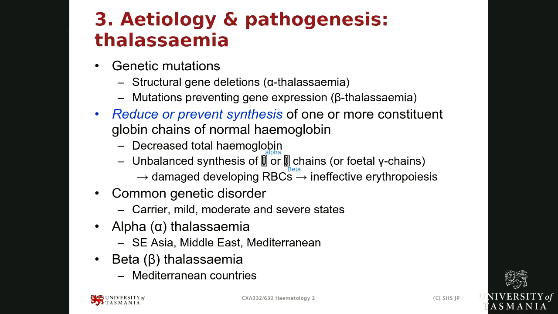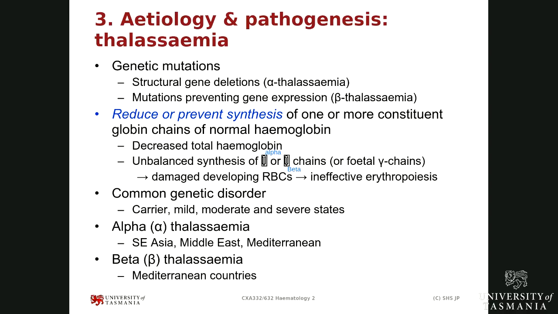So remember that in our hemoglobins, we have, as I said before, two pairs of chains. So in hemoglobin A, we have alpha chains and beta chains. In hemoglobin A2, we have alpha chains and delta chains, and hemoglobin F, or fetal hemoglobin, we have alpha chains and gamma chains.